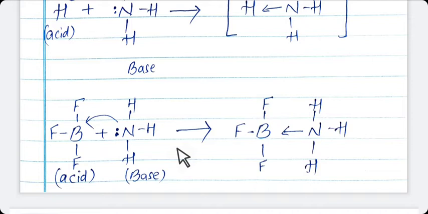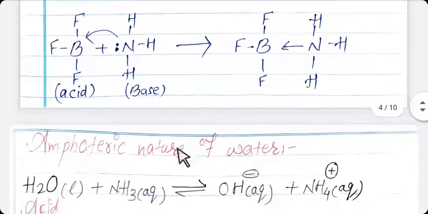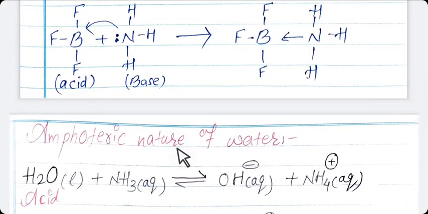Students, these are the three theories about acids and bases. I hope you can understand these theories easily. The next topic in this chapter is the amphoteric nature of water. Actually, what do you mean by amphoteric nature? Amphoteric nature means water has the ability to act as an acid as well as a base.